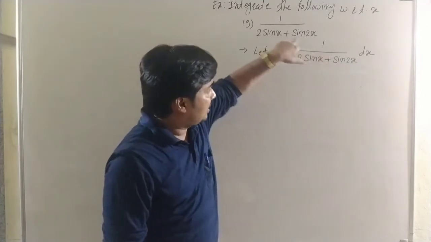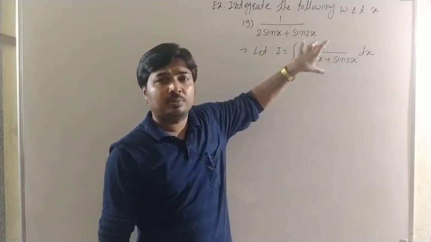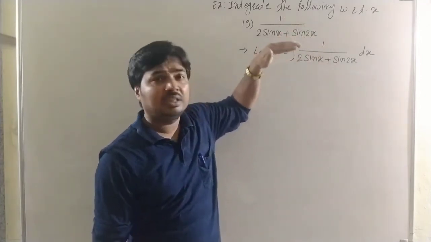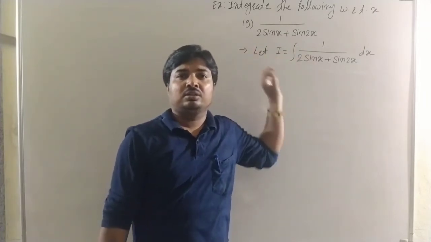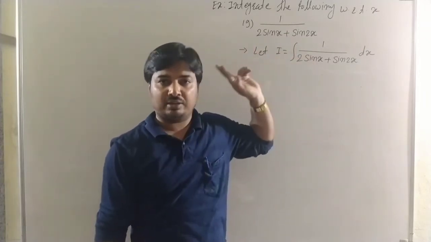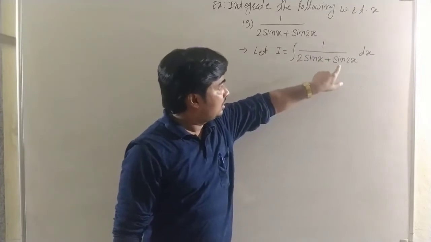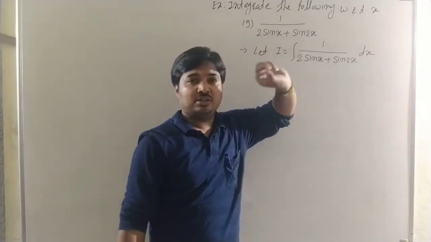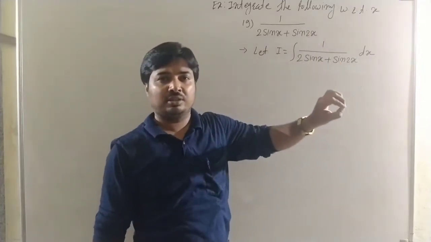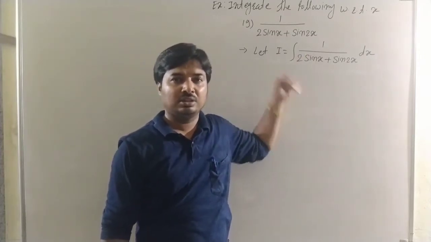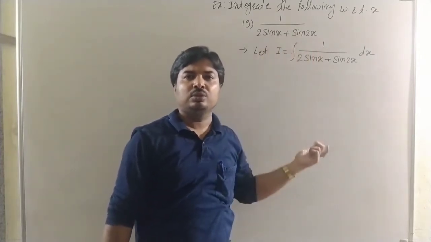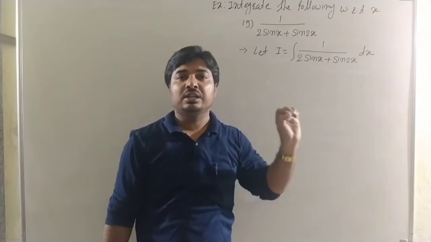Again see carefully, such types of examples we have already seen in our three non-repeated linear factors. We use the formula for sin 2x, that is 2 sin x cos x, and then adjust the derivative in the numerator, and then we will get the denominator containing 3 linear factors.